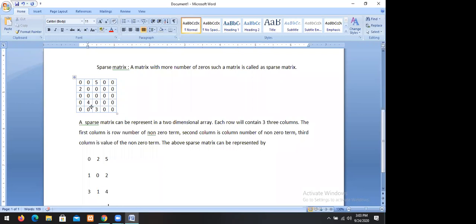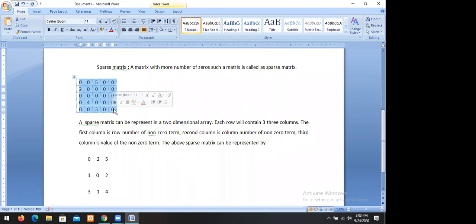This is a 5 by 5 matrix. 5 by 5 means 25 terms. Suppose each value requires 2 bytes. In total it requires 50 bytes. In these 50 bytes, only a few are non-zero values, the remaining are zeros. Instead of storing zeros, I will store only non-zero terms, and the remaining will be assumed as zero.